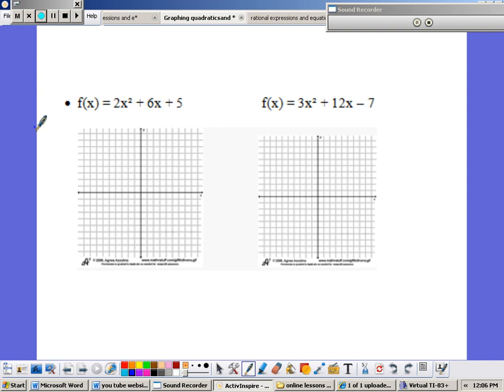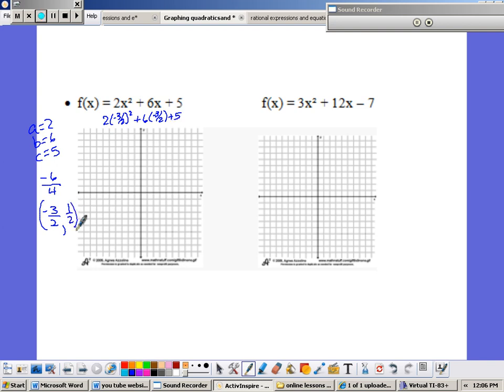Okay. a is 2, b is 6, c is 5. -6 over 2 times 2 is 4, so -3/2. So now I've got to do decimals or fractions. So 2 times -3/2 squared plus 6 times -3/2 plus 5 gives a half.